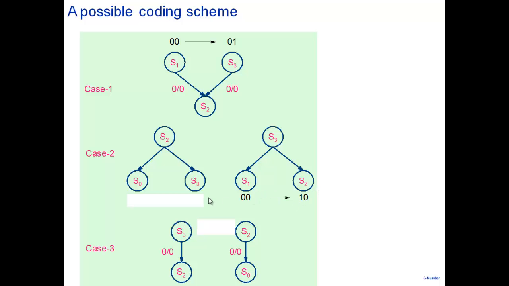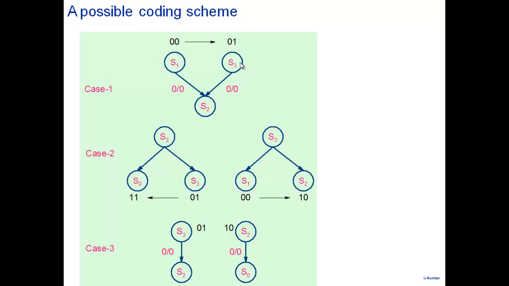And S3 we've already assigned 0, 1. So we try to assign S0 which is as close as possible, which is 1, 1. And when we come here, S3 and S2, we can't do much. We've already assigned S3 0, 1 and S2 1, 0. This is the least priority, and we find the distance between these two codes is 2. So this is one way of assigning codes.